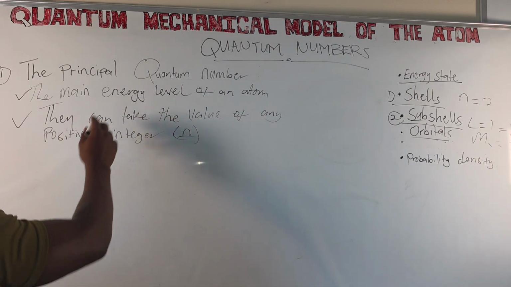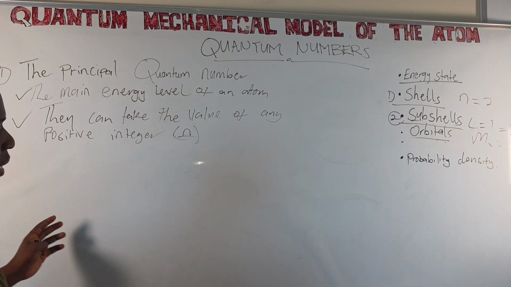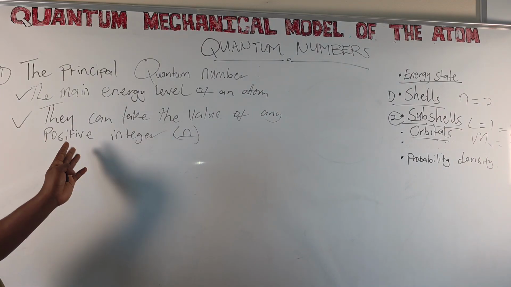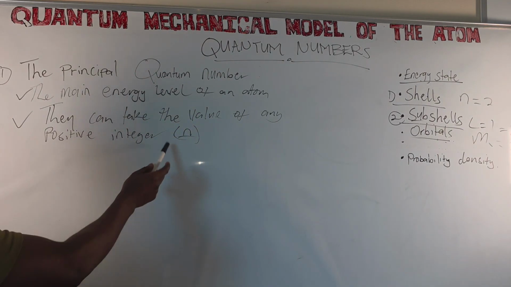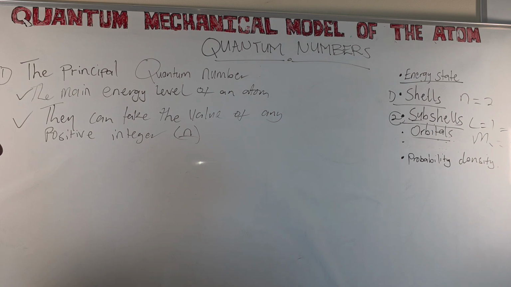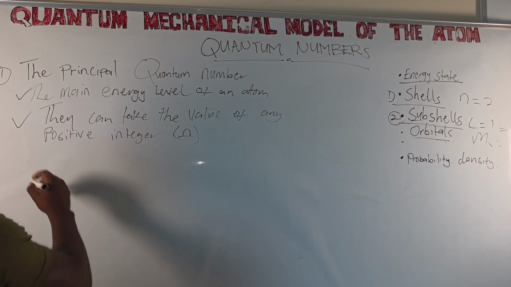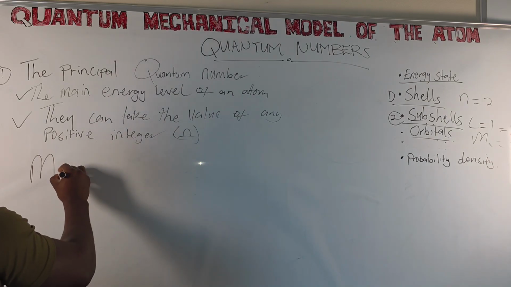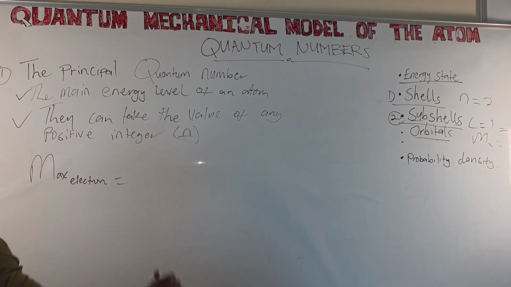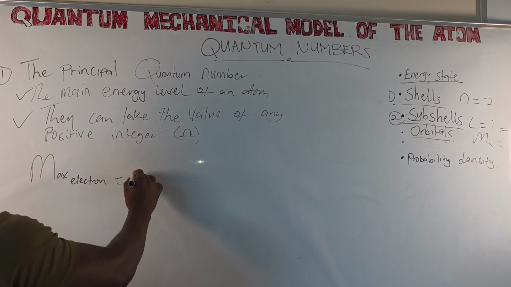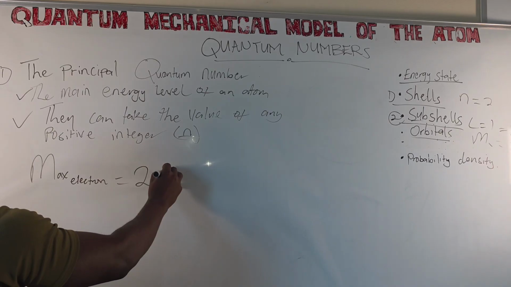Now, because they are the main energy levels of the atom, they take any positive integer, but there is a maximum amount of electrons that can fit into the principal quantum numbers. The maximum number of electrons that can fit into the main energy shell of an atom is given by this equation: 2n squared.